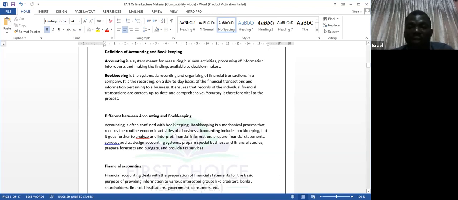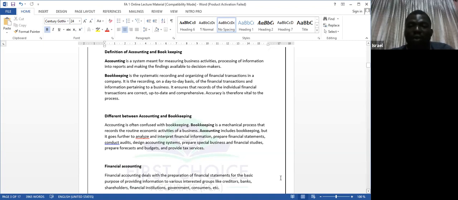It's a system used to measure business activities, process the information into reports and make the findings available to decision makers. So accounting basically summarizes the business activities for a particular period of time. And why are you summarizing it? So that the users can make use of it to make decisions on time. That's what accounting is about.